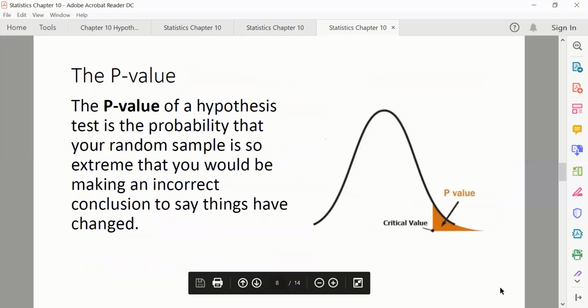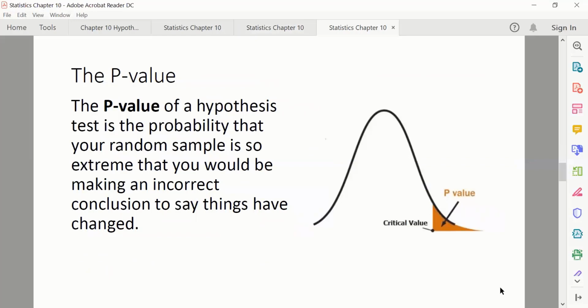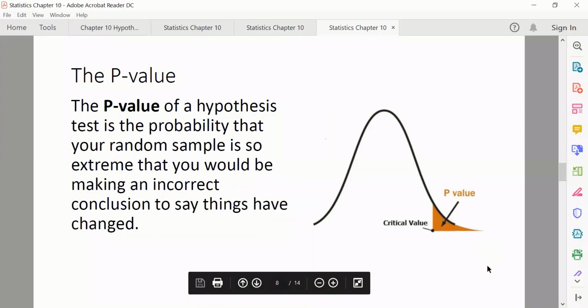The p-value of a hypothesis test is the probability that your random sample is so extreme that you would be making an incorrect conclusion to say things have changed. So I like to think of the p-value as the probability that you're wrong if you say things have changed.